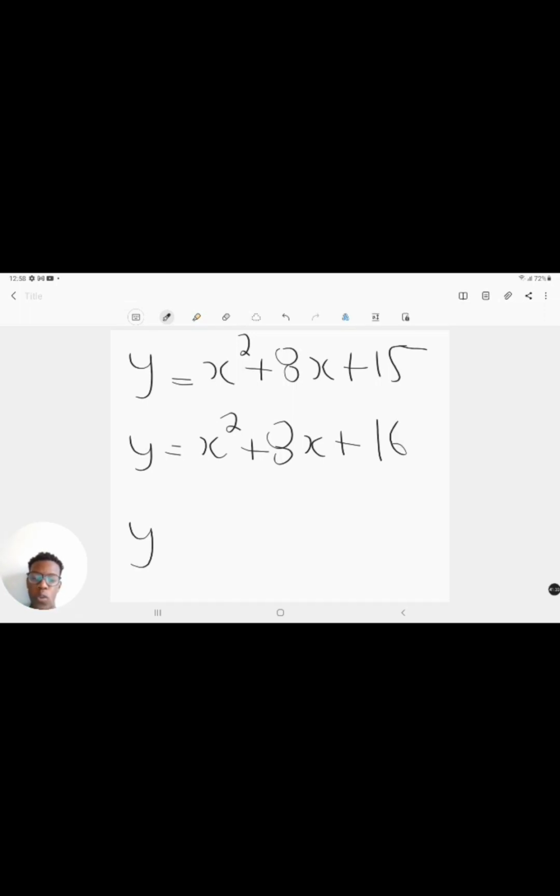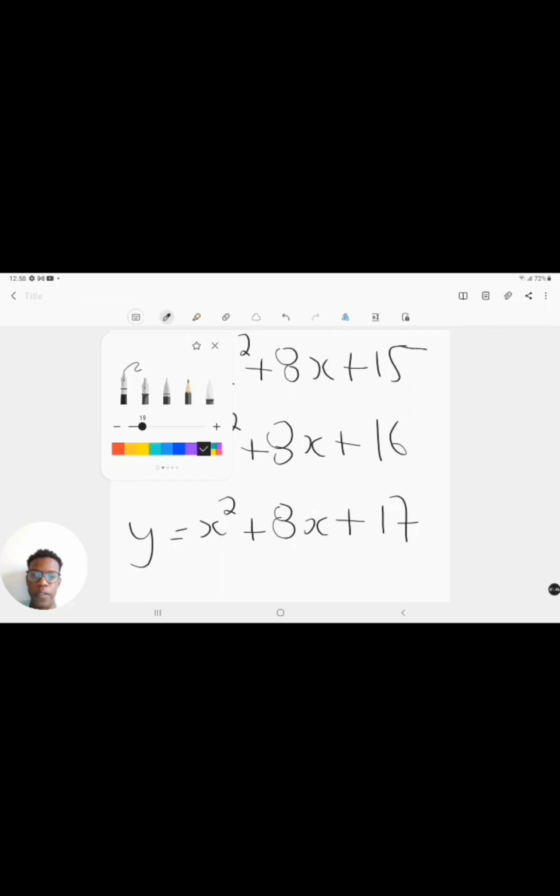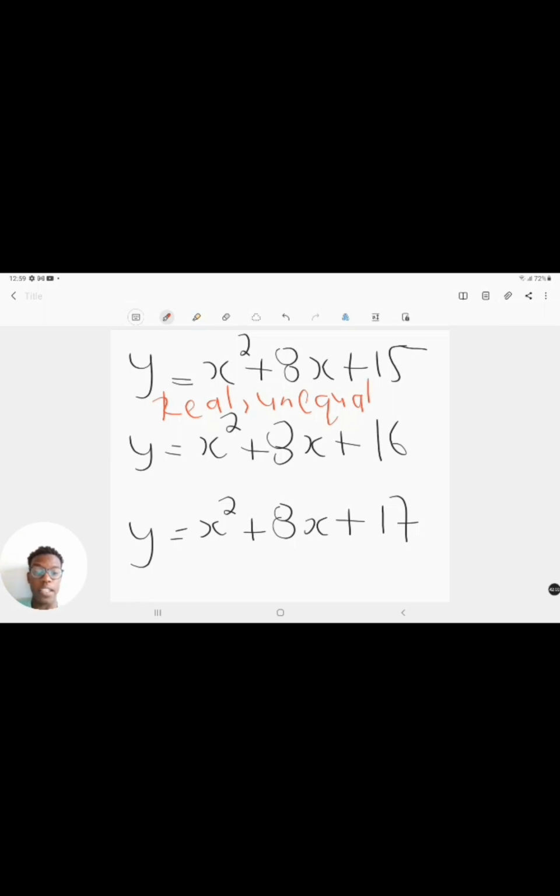The third example was x squared plus 8x plus 17. For the first equation, we had real, unequal roots. That's where our x-intercepts were -3 and -5.